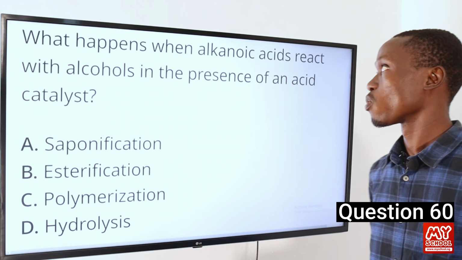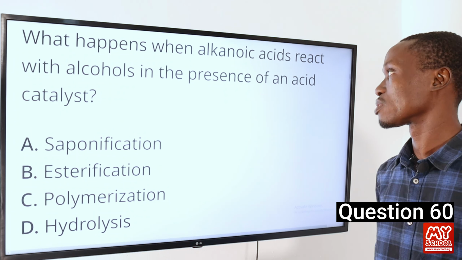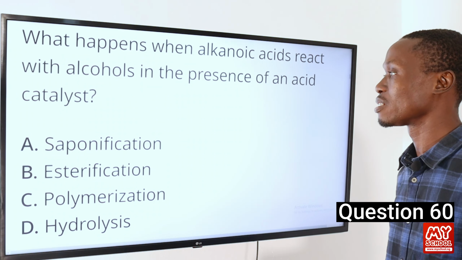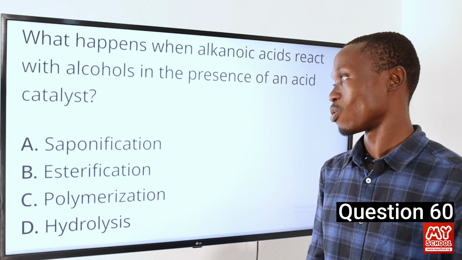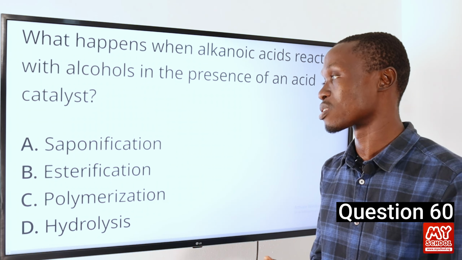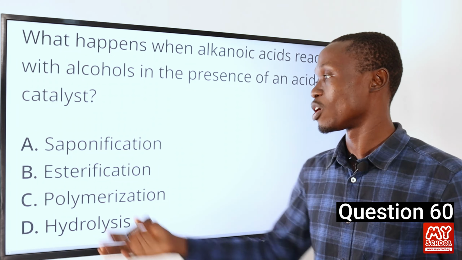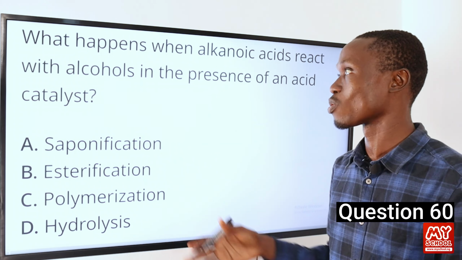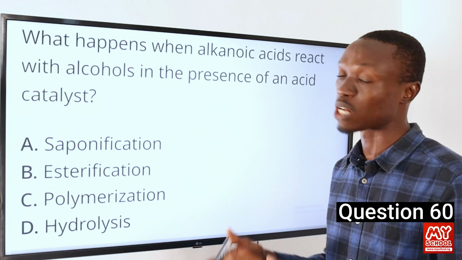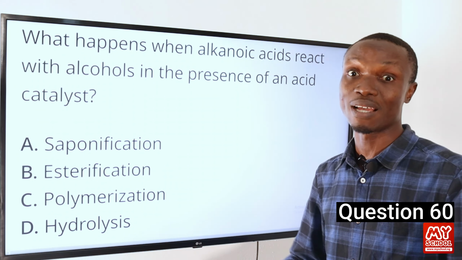Question 60. What happens when alkanoic acids react with alcohols in the presence of an acid catalyst? So option A will have saponification. Saponification is just alkaline hydrolysis of fatty acids. Then option B will have esterification, which is actually what this question is asking us, which is a type of reaction that occurs between alkanoic acid and alcohol to produce an ester.